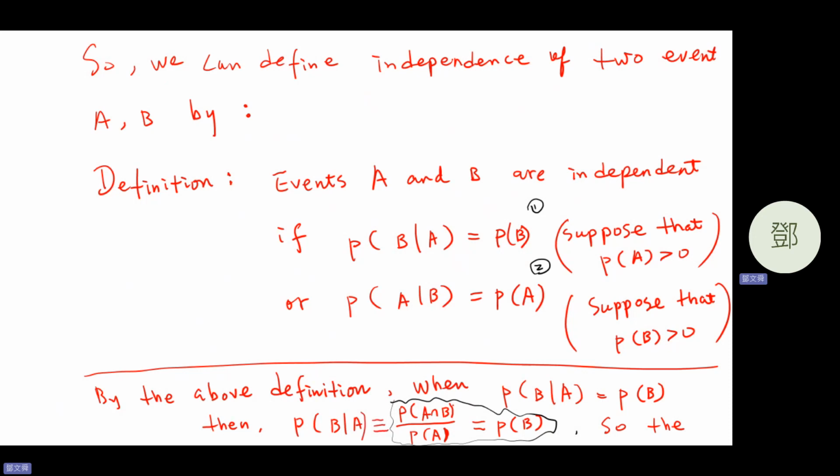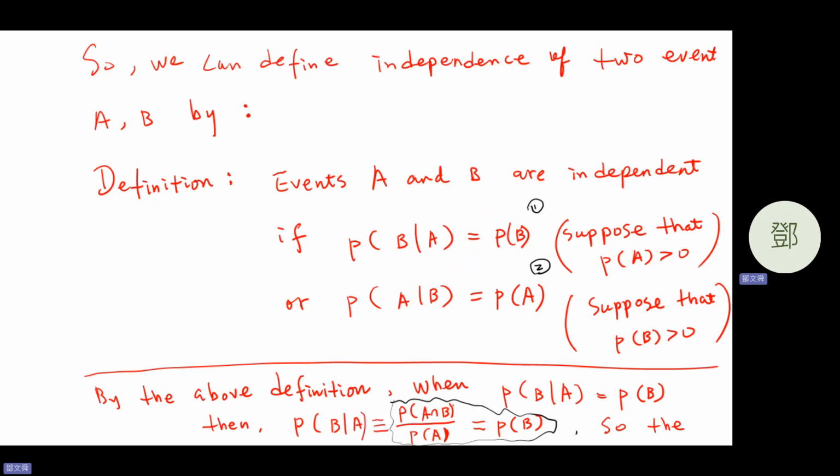If you were given the condition that A already occurred, and the probability of B is the same as not given the condition A, then A and B are independent.